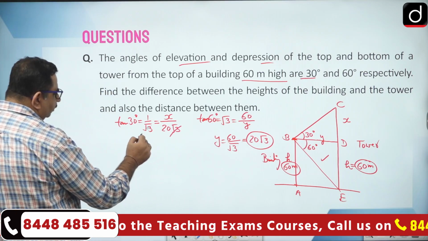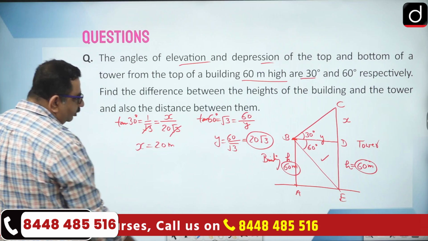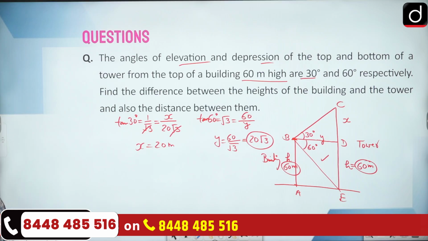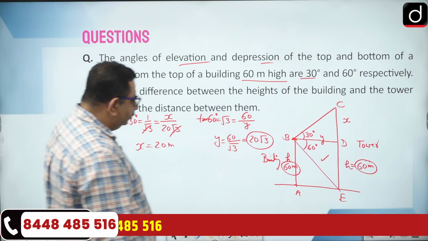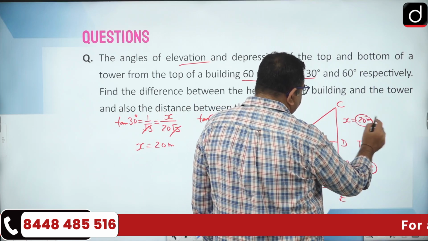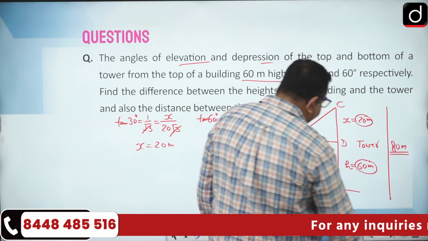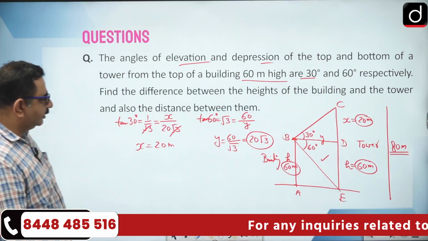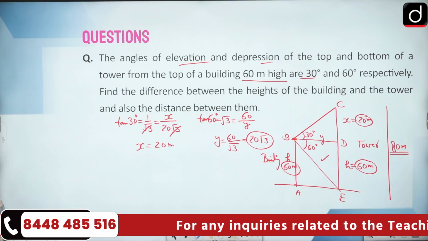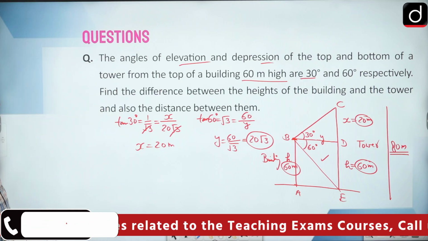So root 3 will cancel, and x is equal to 20 meters. If this x is equal to 20 meters, then the height will be 80 meters. So the height of the tower is 80 meters and the distance between the building and the tower is 20 root 3.